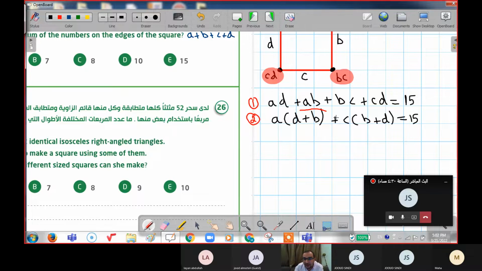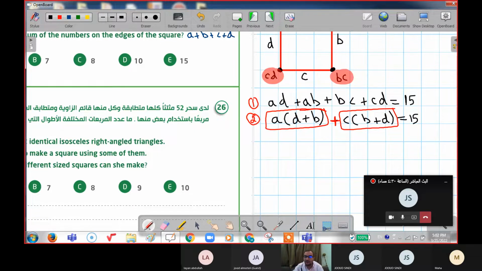I have one plus here, so this is the first term and this is the second term. I want now to take a common factor, which will be A plus C. What does common factor mean? The common factor is the same quantity in the first term and the second term.